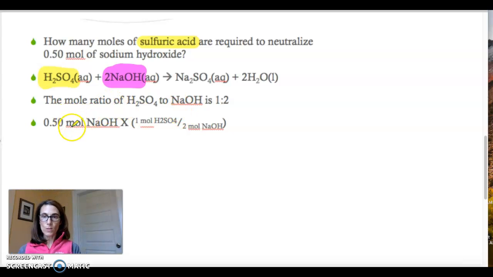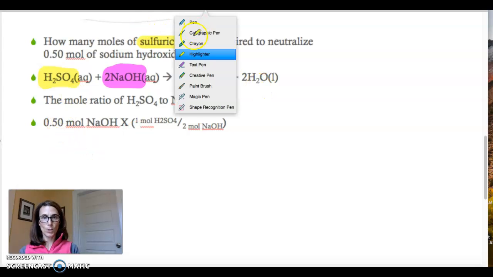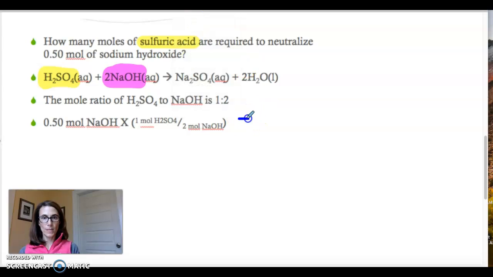All we have to do is multiply our moles of NaOH, 0.5 moles of NaOH, times this mole ratio, 1 mole of H2SO4 over 2 moles of NaOH. If we take our 0.50 and divide by 2, what we get is 0.25.